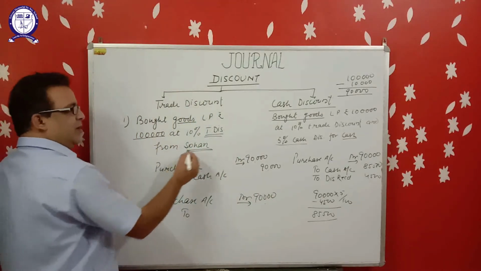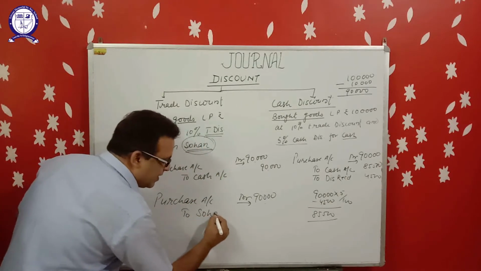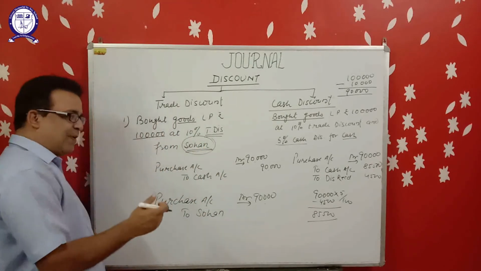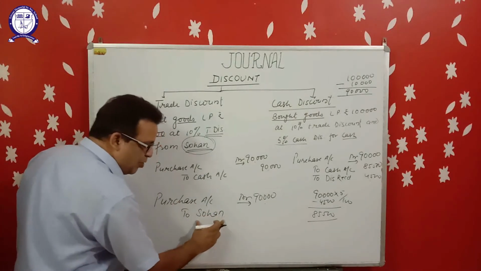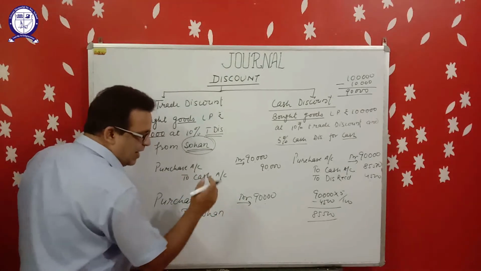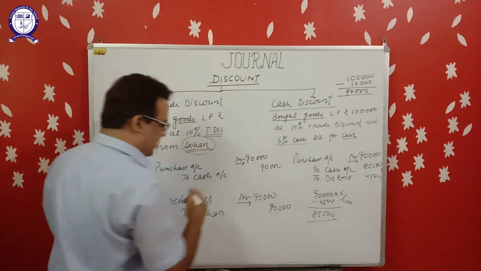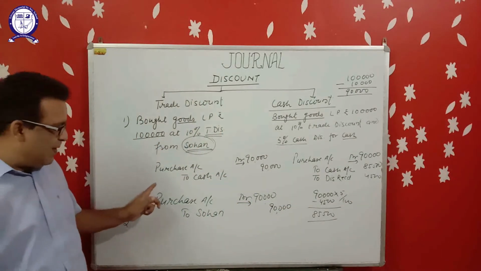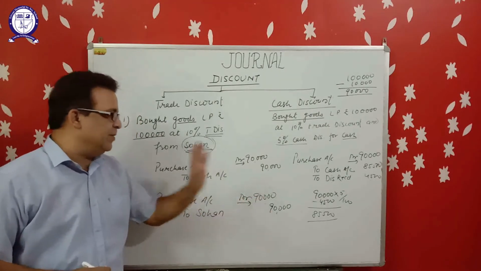Second account affected is Sohan. Now Sohan is our creditor because we have purchased goods on credit. Sohan is our creditor, and you know creditor is a liability. When liability increase, we credit the liability account. That's why Sohan account is credited here. So the journal entry will be purchase account debit to Sohan 90,000.